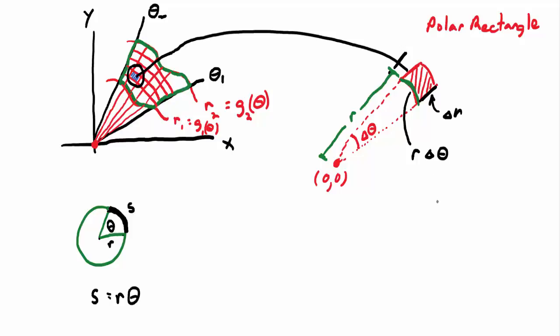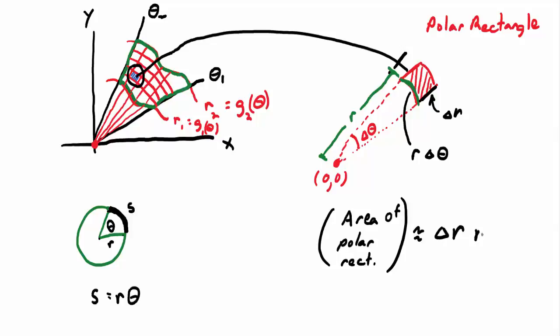And so we could say that the area of this polar rectangle, this is not exact by any stretch of the imagination, is approximately, well, how do we find the area of a regular rectangle? We multiply length times width, right? So that's exactly what we're going to do here. We're going to take delta r times r delta theta, or the way most people would like to write it, is r delta r delta theta, just rearranging the multiplication.